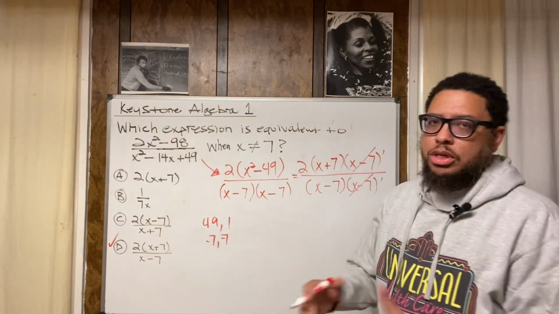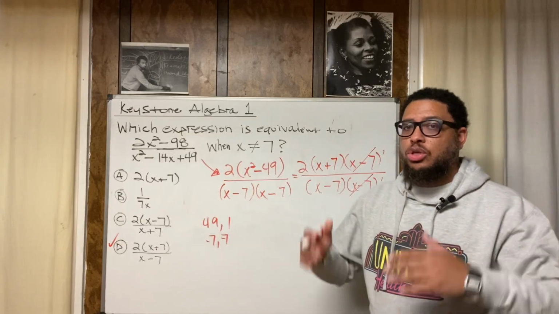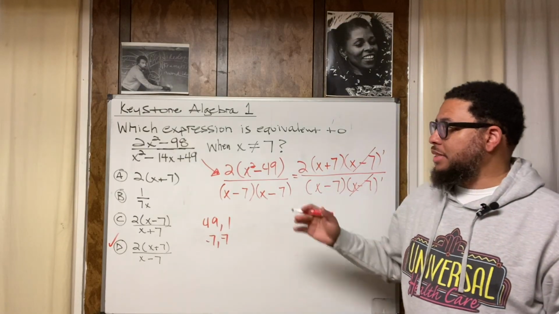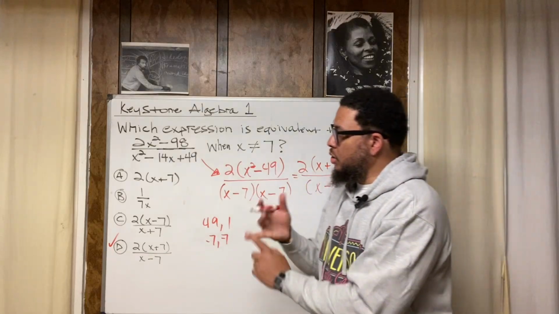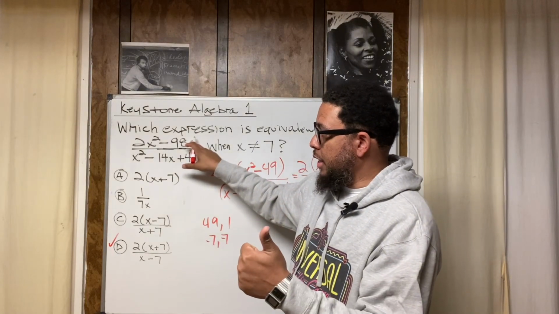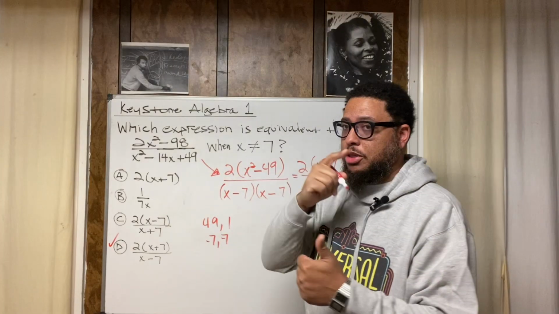All right. But in order to do a problem like this, the problem is not that deep. You must know how to factor. If you don't know how to factor, this problem and problems like it will be very difficult. You need to know how to factor out a greatest common factor from an algebraic expression. I got a whole playlist on how to do that on this channel, which you should be subscribed to.